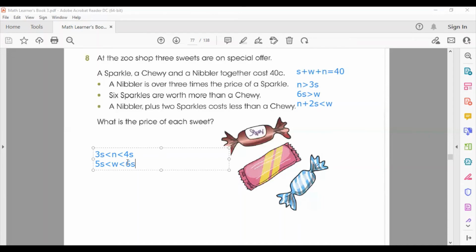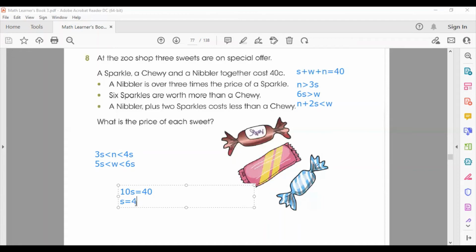So nearest, if we are doing all of these three, we can say it is equal to 10. Okay, 10 sweets. So the price for 10 sweets equals 40. So for one sweet, it's 40 divided by 10 equals 4. So S is equal to 4.